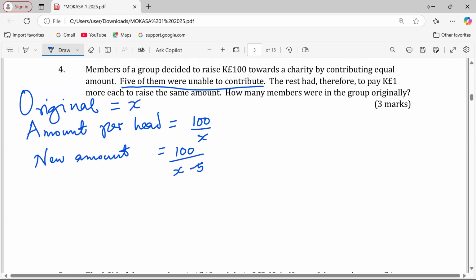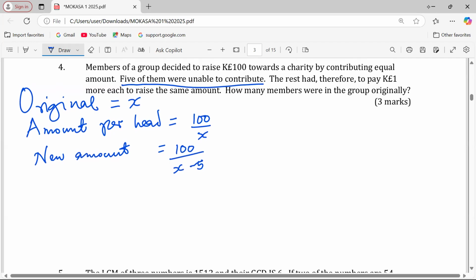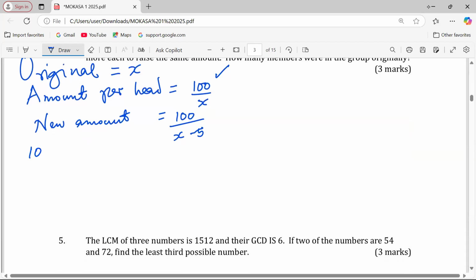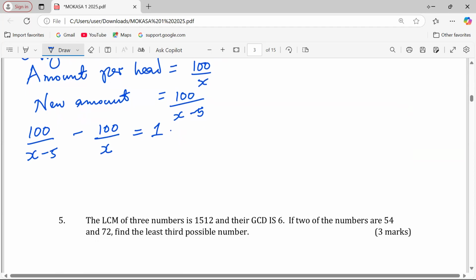Therefore, because they were 5, the same amount is being distributed amongst X minus 5. Now, the amount each is giving originally and the amount each is giving now differ by only 1. So the new amount minus the original amount per head should be £1.